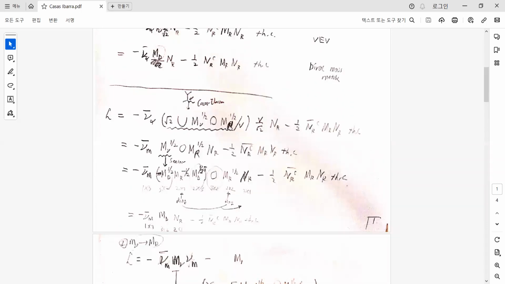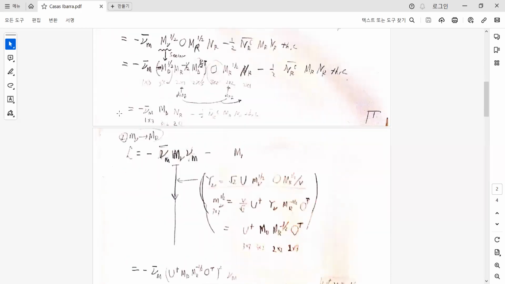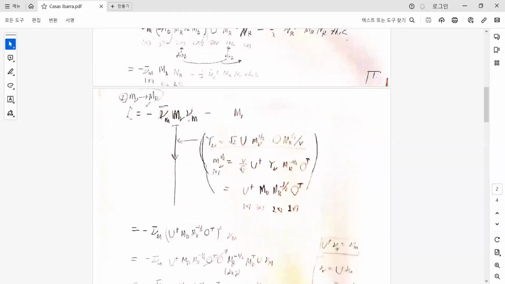So the mass matrix is in the denominator and numerator oppositely, and it cancels, and the Dirac mass matrix is obtained. So from the Yukawa matrix, the Dirac mass matrix can be obtained. In the opposite direction, from the active neutrino mass matrix to the Dirac mass matrix, that is the active neutrino mass matrix, and that is the Casas-Ibarra parametrization.